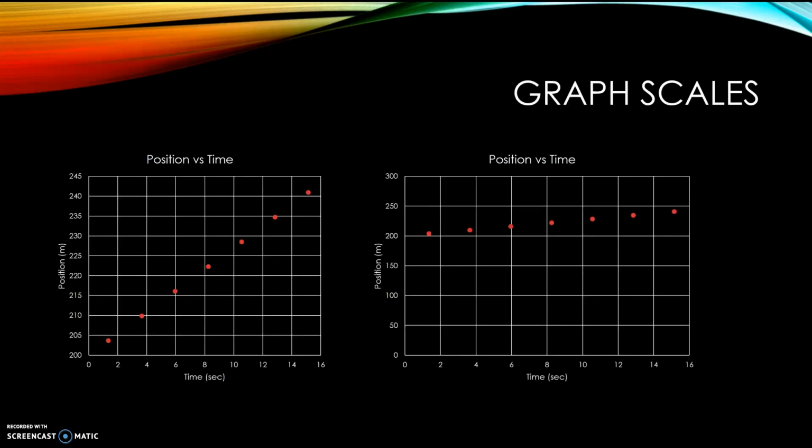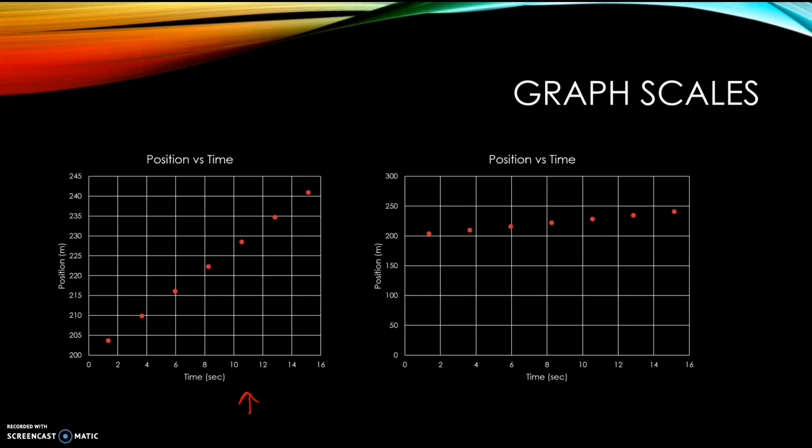Now, one of the things you have to watch with graphs, and I find this a lot when, say, I'm reading a news report or a scientific paper, and you see the graph, and you look at the one on the left here, and you're like, oh wow, there's a lot of change, right?